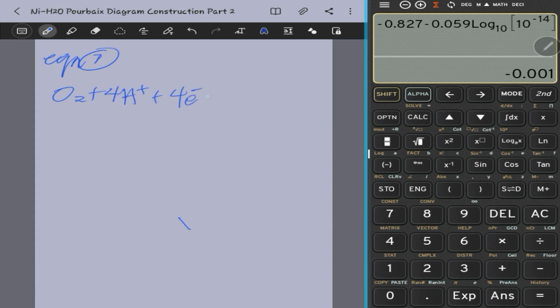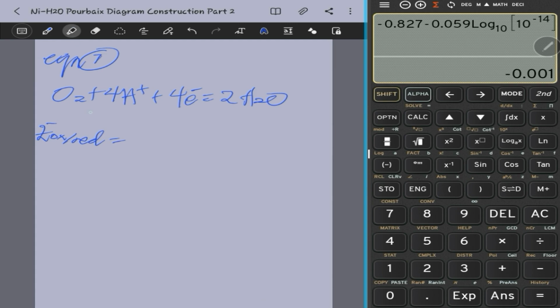There are 4 electrons involved, and we have 2H2O. All right, so that's what we have. Clearly, this depends on potential and pH as well. So we can use this equation. When we are trying to do that, now that we know what the equation is already, we go straight for it.